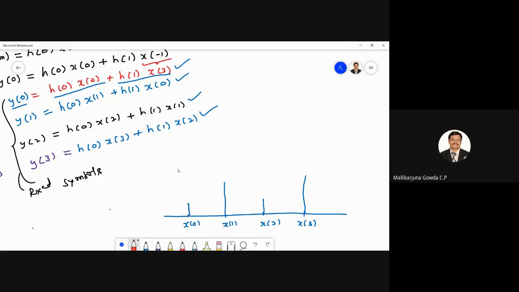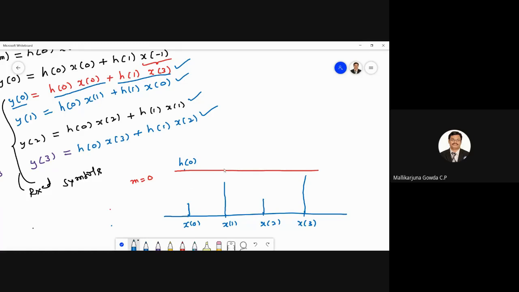Let me draw a line here. If I take this as the m equal to 0 line, just for understanding, x of 0 is there and h of 0 is there. So let me write here h of 0 at this point, because x of 0 is there.